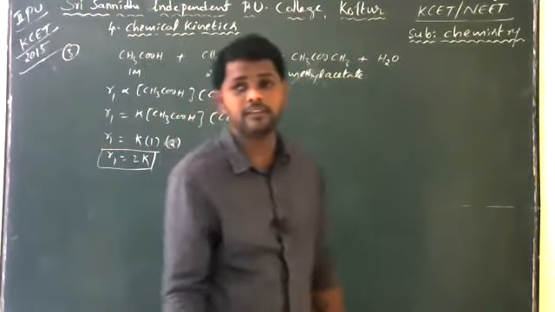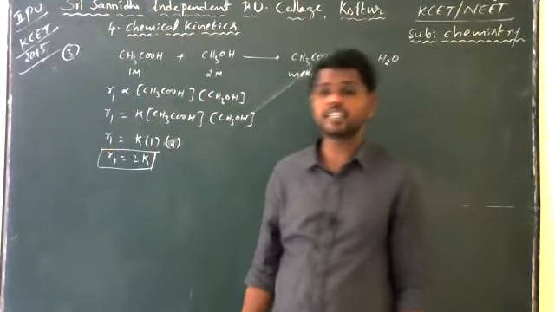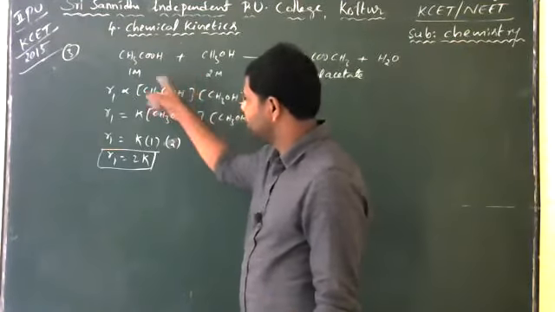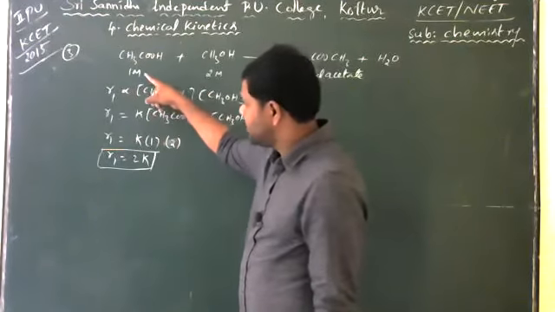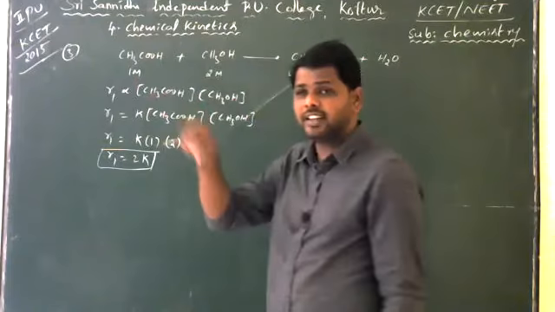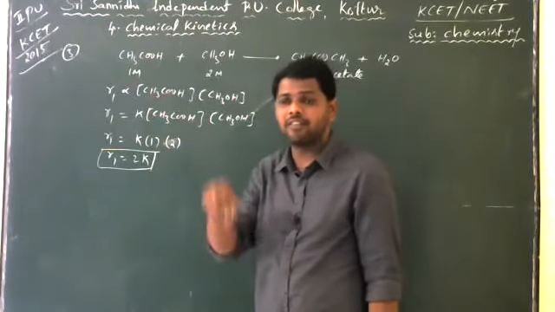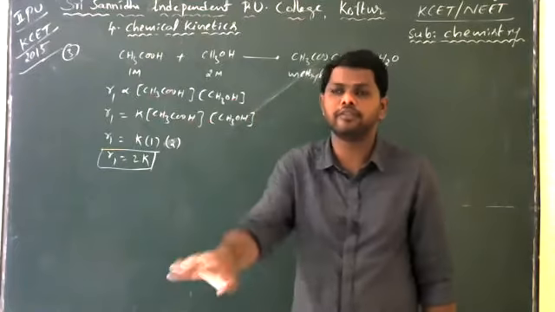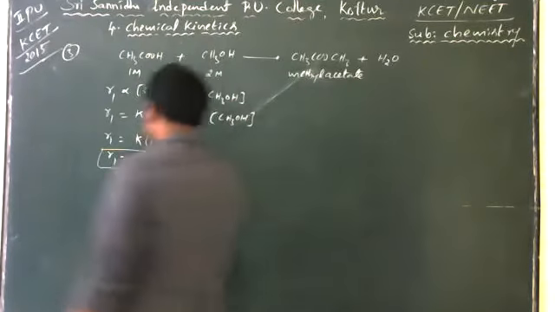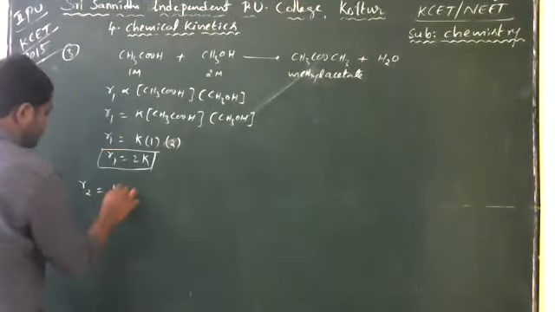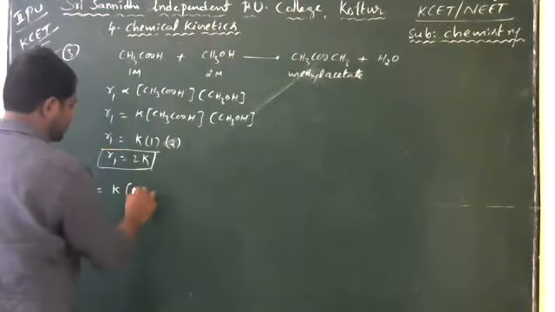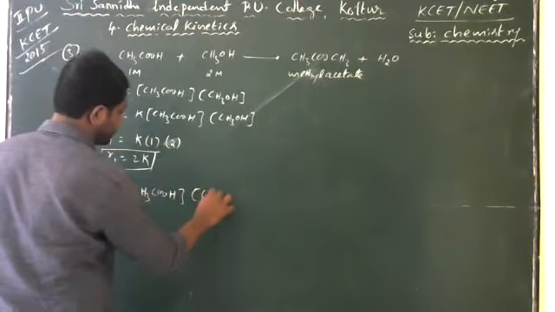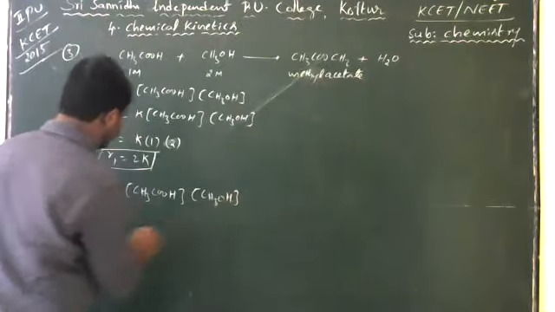If the dilution takes place with equal volume, look, that means equal volume of dilution takes place here. So the 1M concentration, when the dilution takes place with equal volume of water, is now reduced to half. So now R2 is equal to K into the concentration of CH3COOH, then the concentration of CH3OH, its concentration is reduced to half.